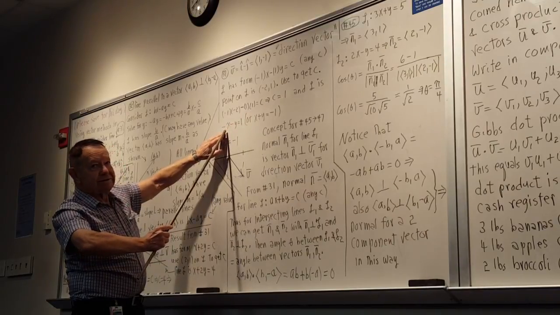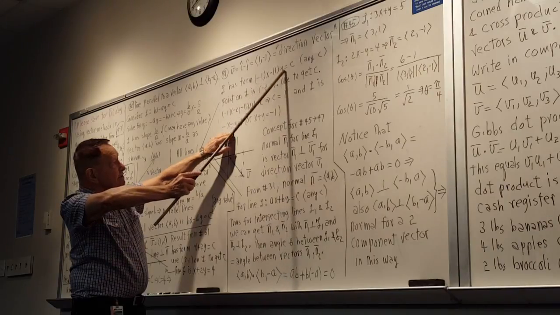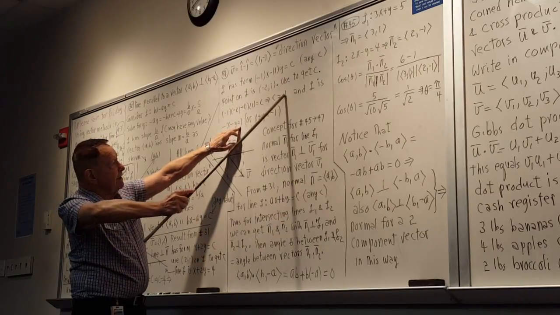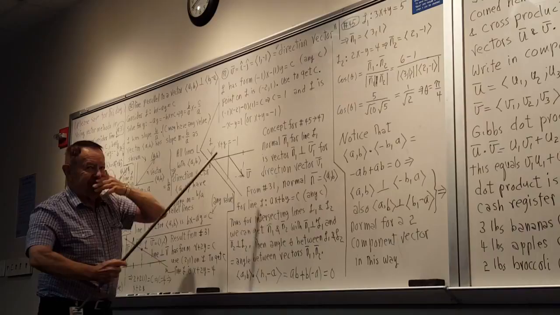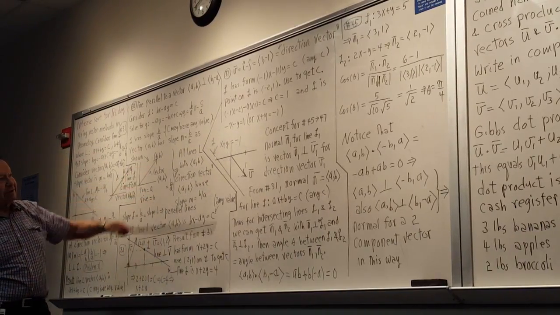So our line is minus X minus Y equals the C from here. And then if you want to do algebra, you can say it's the same as this.